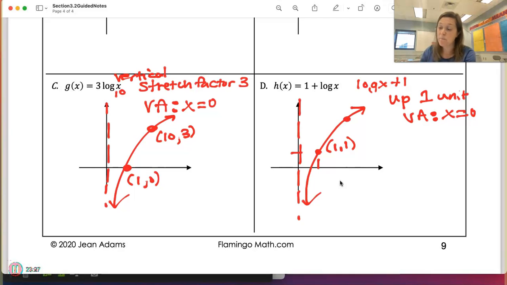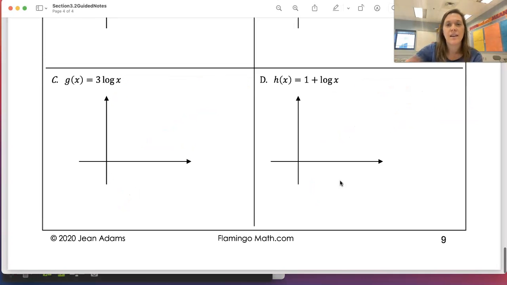Another ordered pair: if I plugged in 10, wouldn't that give me an output of 2? Because log of 10 is 1, and 1 plus 1 is 2. Just food for thought. All right, that's your notes. Hopefully that's pretty simple.